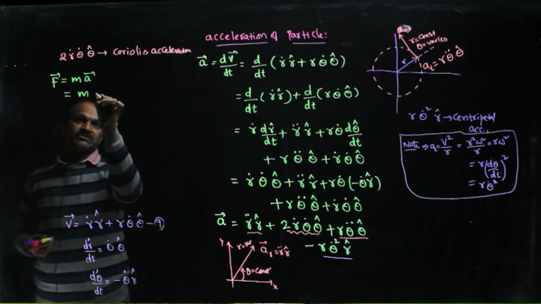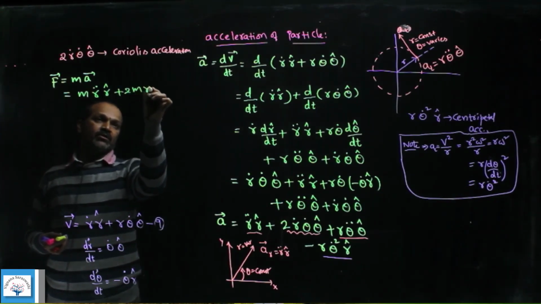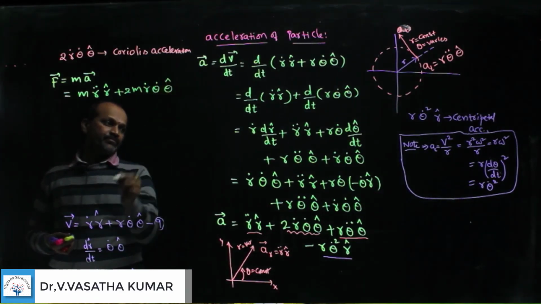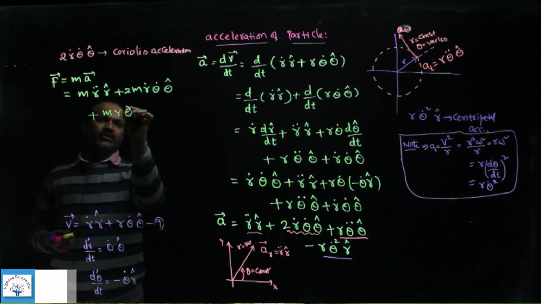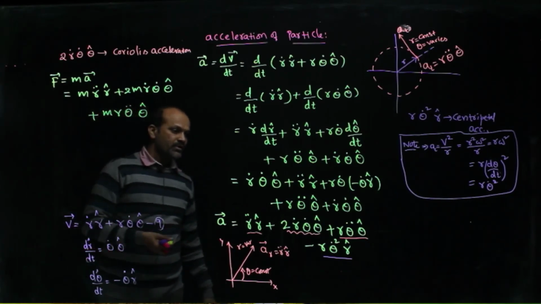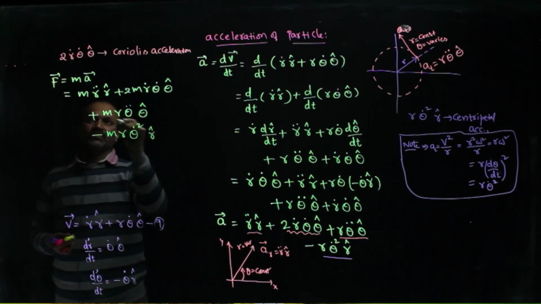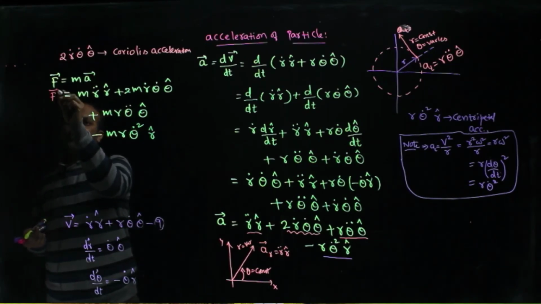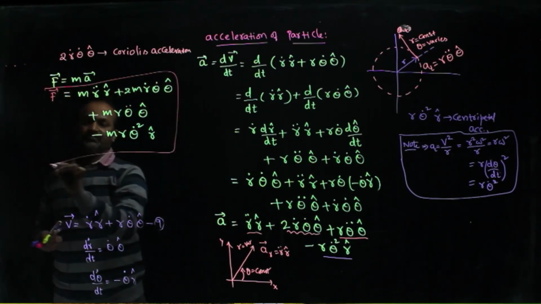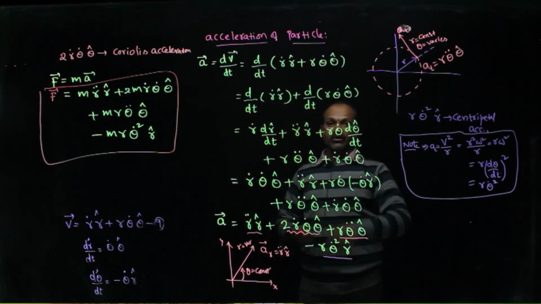If you substitute mass here: m r double dot r cap plus 2 m r dot theta dot theta cap plus m r theta double dot theta cap minus m r theta dot square r cap, right. This is the final equation according to Newton's law. So this is the force, Newton's second law in polar coordinates.